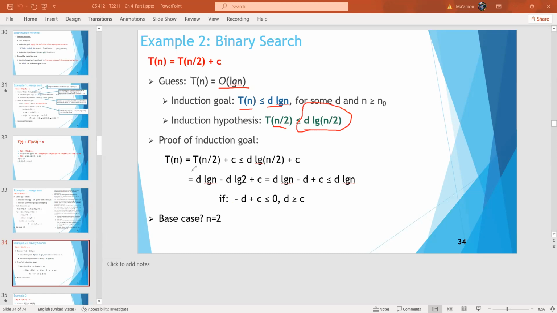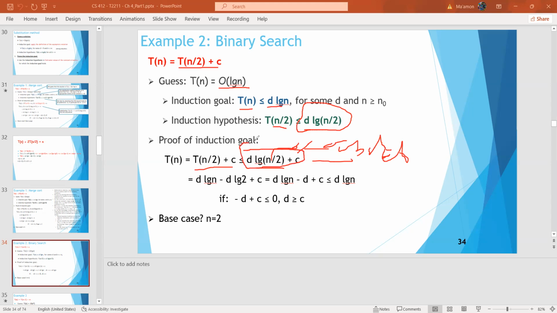So now we are going to say that T(n) equals T(n/2) plus c, less than or equal to d log(n/2) plus c. As we have mentioned before, if we are dividing inside a log, we can convert the division to subtraction. So we are now working on this part.